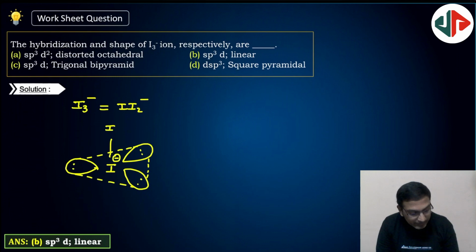Here I minus and here I. So around I minus, 3 lone pairs plus 2 bond pairs.